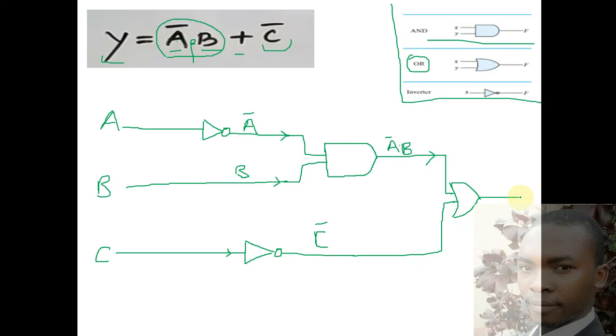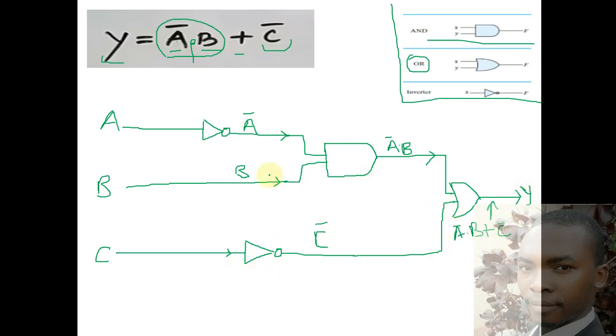And finally here I have the whole equation, which is the A bar times B, and then plus what? Plus C bar. This is our Y.